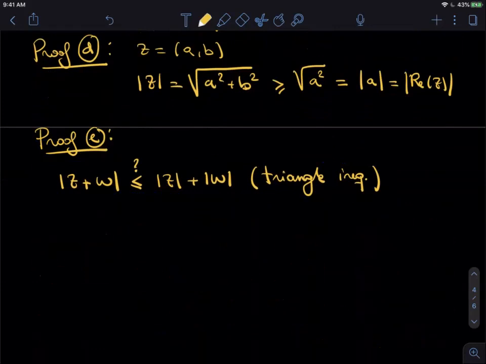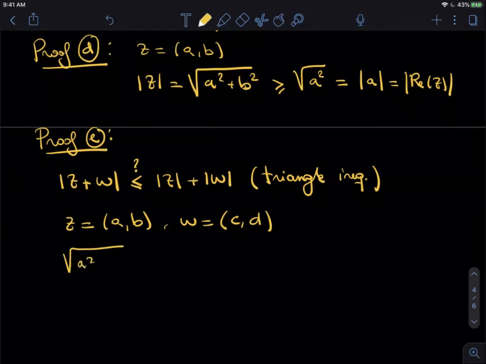So again, let's write Z equal A plus Bi to make things easier, and W is C plus Di. What I was saying before is that here we have the square root of A squared plus B squared, so it's AC squared plus B plus D squared, and so on. But we have the square root, and that complicates things for us.